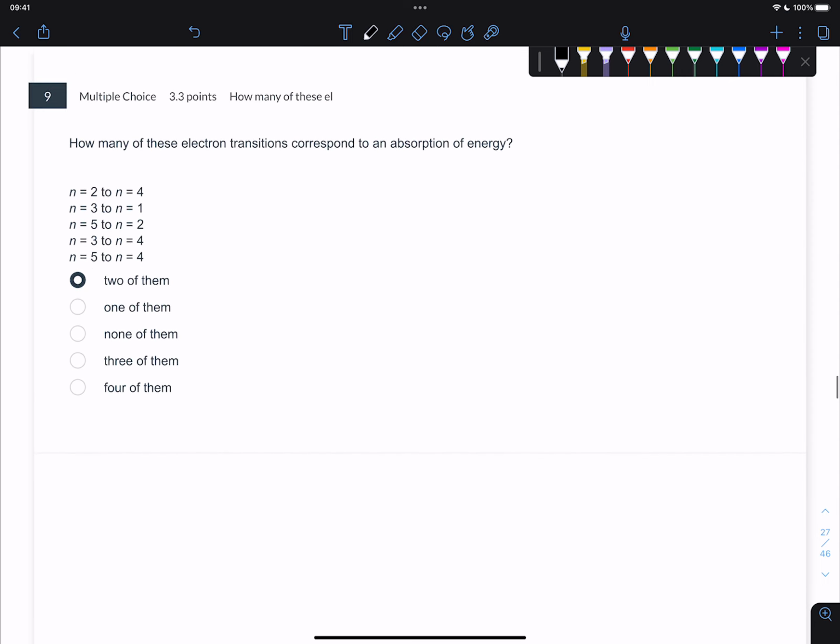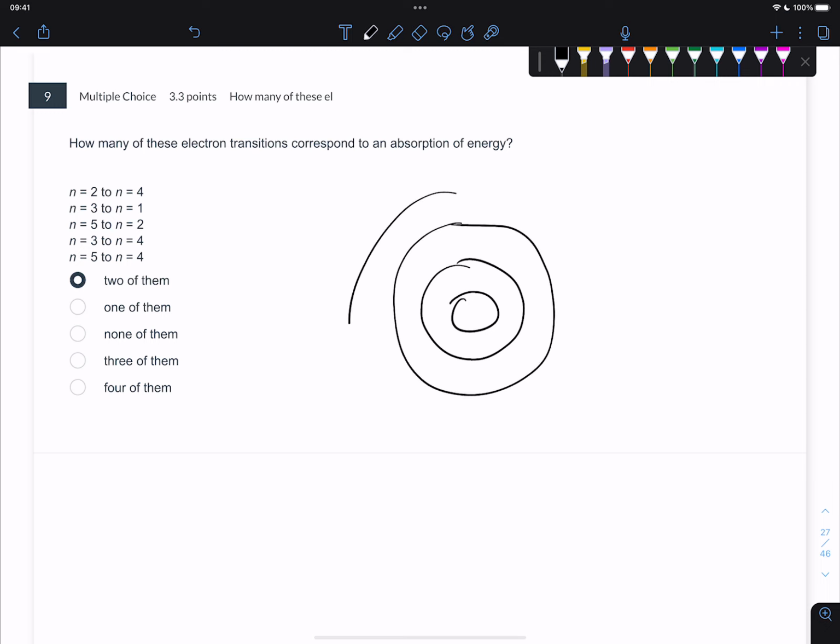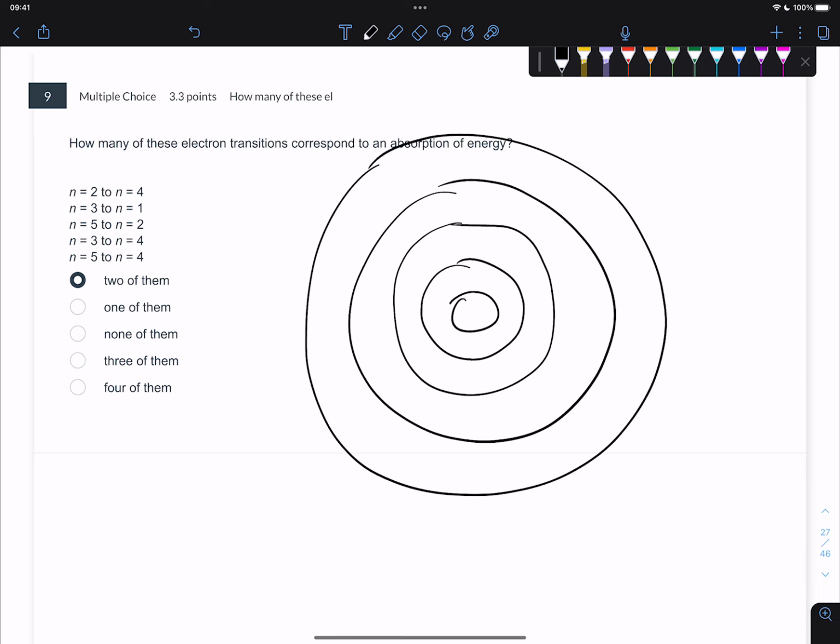Question 9, how many of the electron transitions correspond to an absorption of energy? So let's see, if I were to draw out the energy levels. All right, so let's give them some numbers. We have n equals 1, 2, 3, 4, and 5.